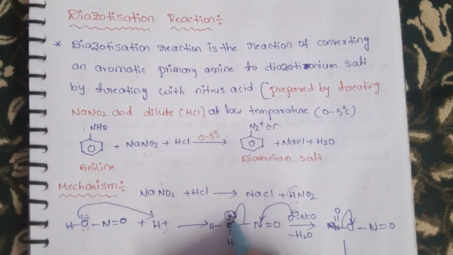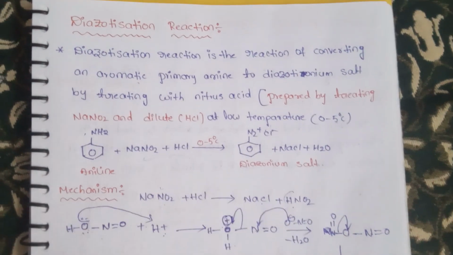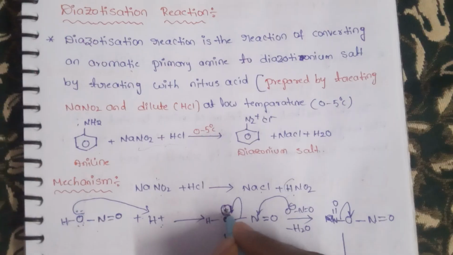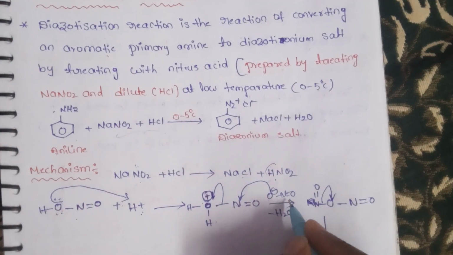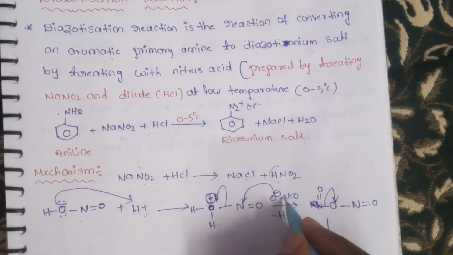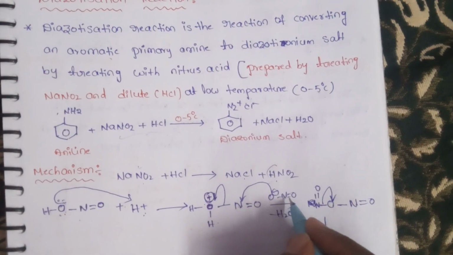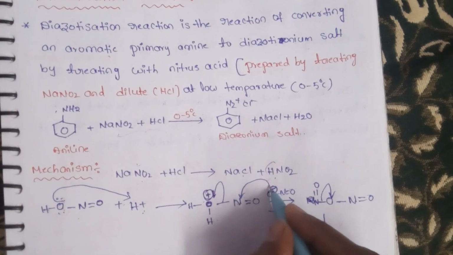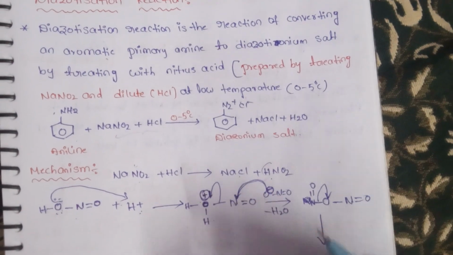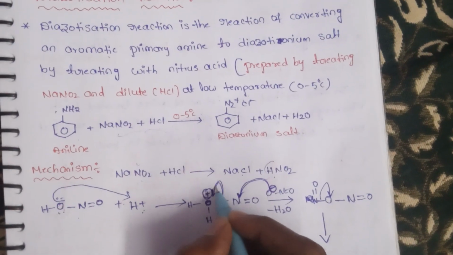Now you have to nullify this positive charge, that means you have to break it. You treat it with NO. So the oxygen has a nucleophilic charge, and this nucleophile reacts with nitrogen, and this bond is broken like this.